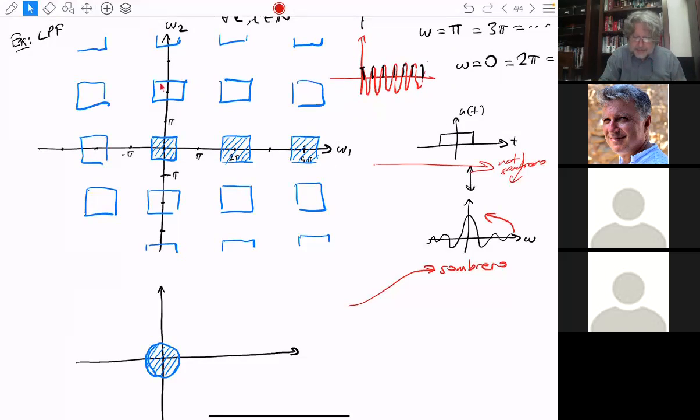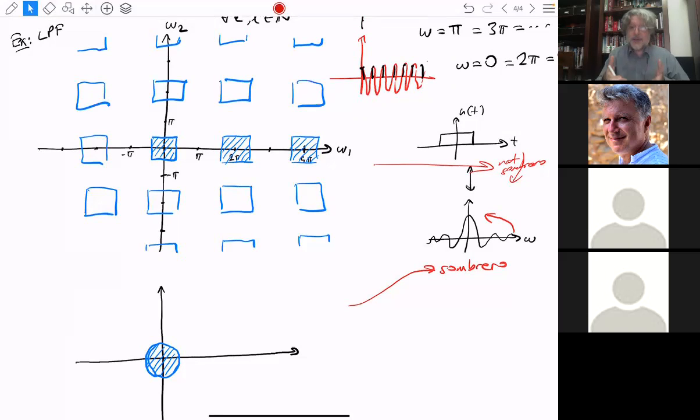These tilings in the Fourier domain are a critical issue that you have to be comfortable with, because they will be essential for a lot of questions in your take-home examinations. We will be doing very nasty downsampling, upsampling, and filtering and things like that.